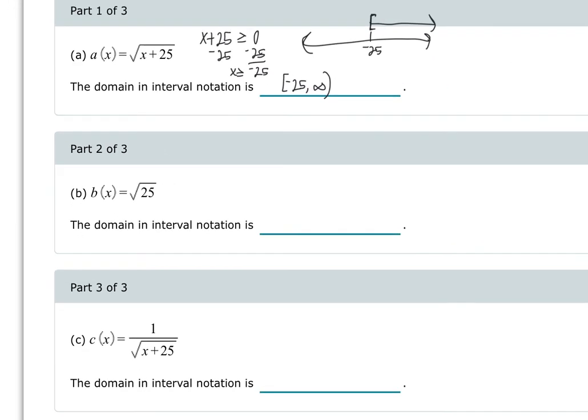On the second part, the square root of just, and this printed out wrong. This was supposed to say the square root of 25 plus x, or excuse me, 25 minus x.